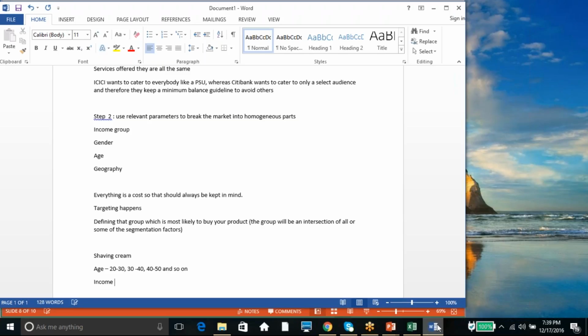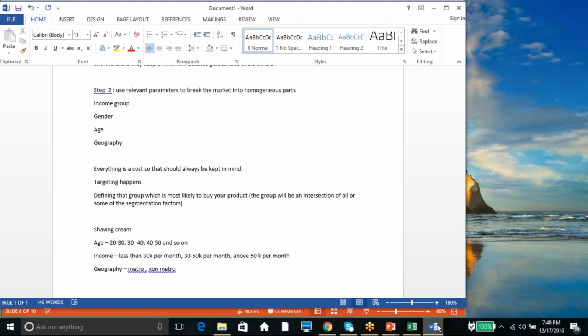Then we take income which is less than 30K per month, 30 to 50K per month, above 50K per month. Take geography, metro, non-metro.